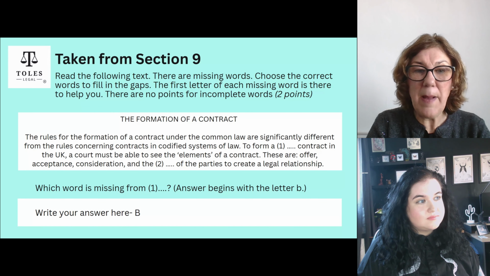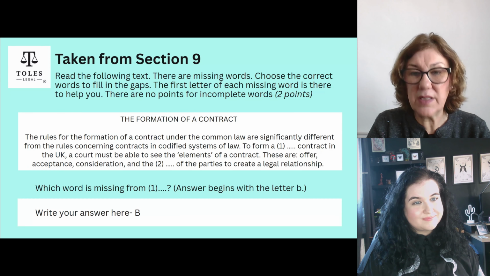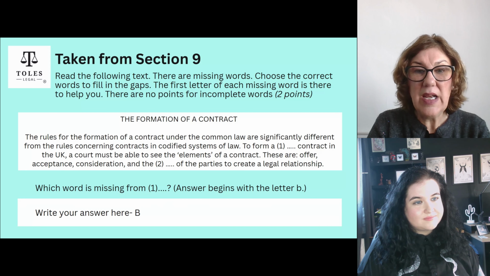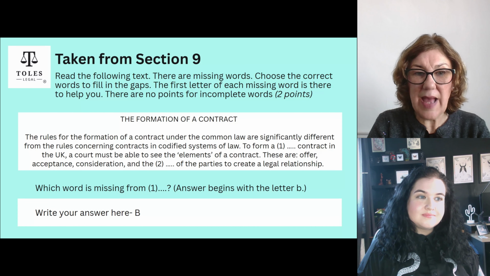To form a contract in the UK, a court must be able to see the elements of a contract. These are offer, acceptance, consideration, etc. So, what word beginning with B could go in that gap? Have a think. It ends in a G.